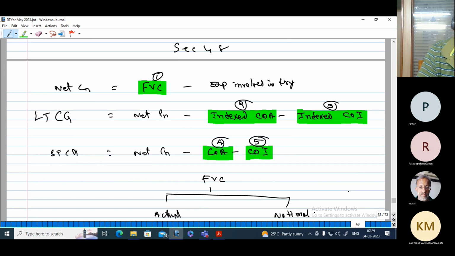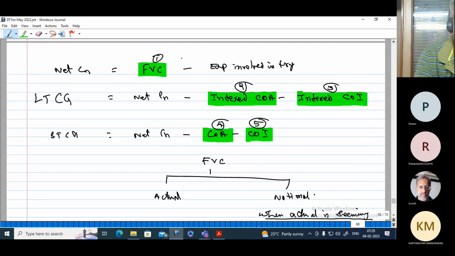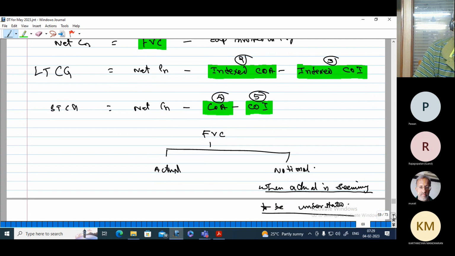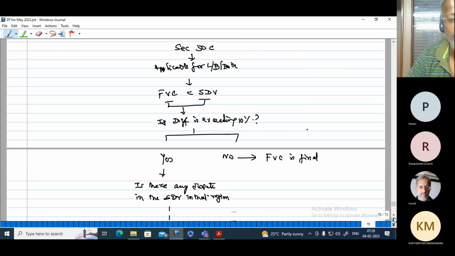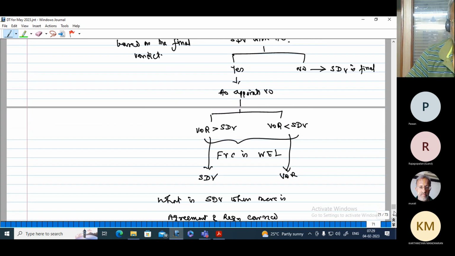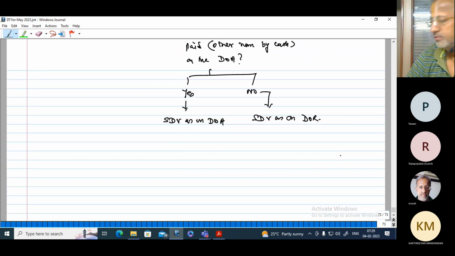Under that, full value of consideration, indexed cost of acquisition, indexed cost of improvement, and related COE and COI, for which firstly we have started that full value of consideration can either be real or it could be notional. Why the concept that it is notional is coming up, we have also discussed, right? So under that category of full value of consideration, I am taking up slump sale.